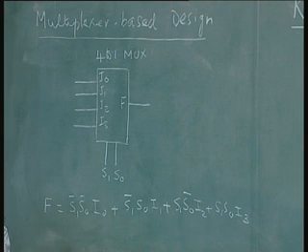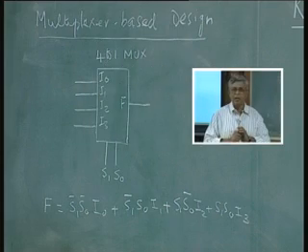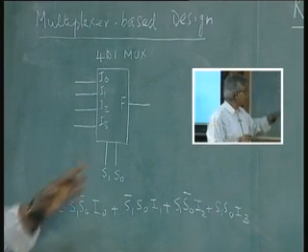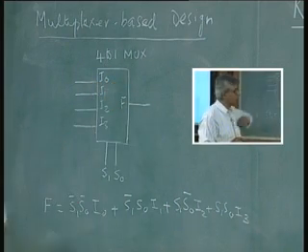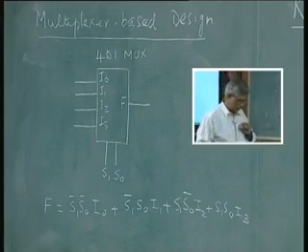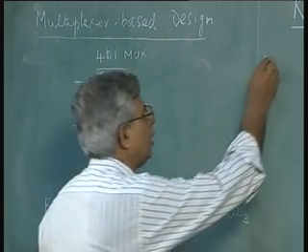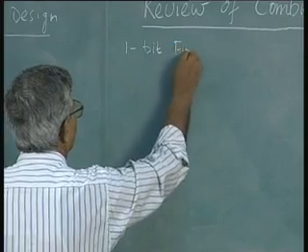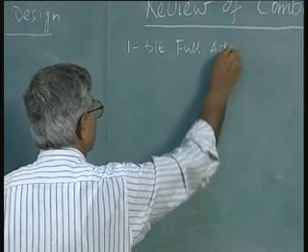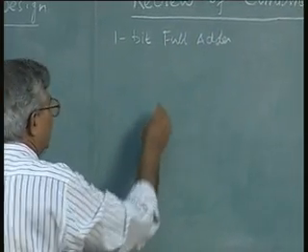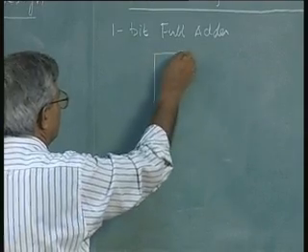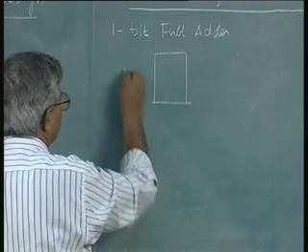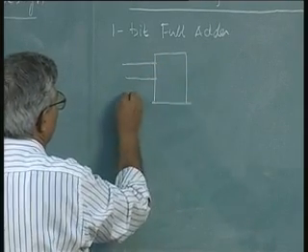All of us are familiar with this component, the 1-bit full adder, and let us see how we can implement it using multiplexers. So, let us get a 1-bit full adder whose inputs are A, B and carry.